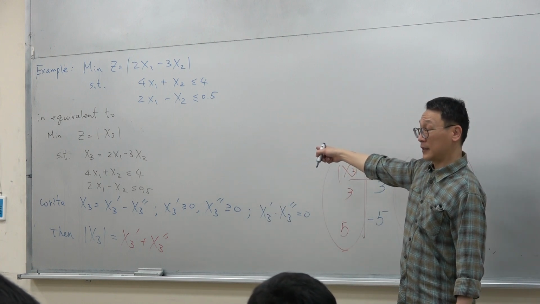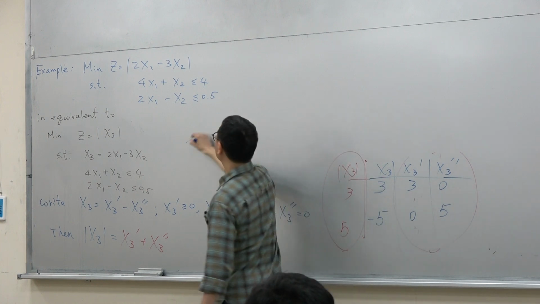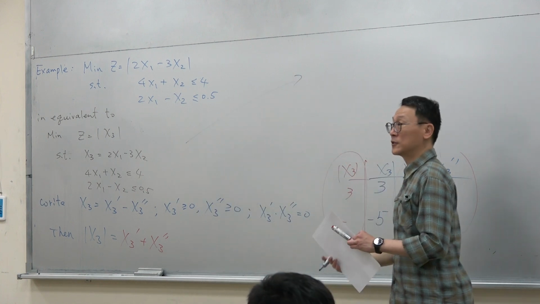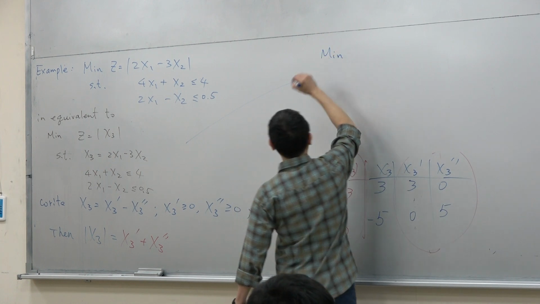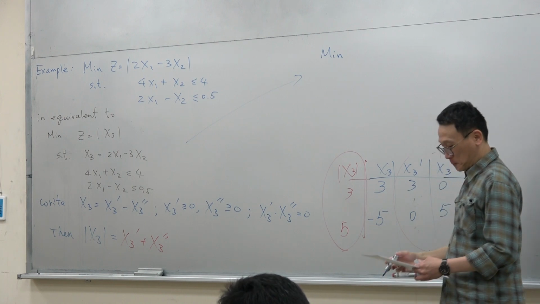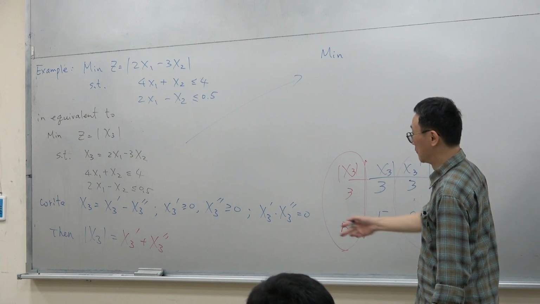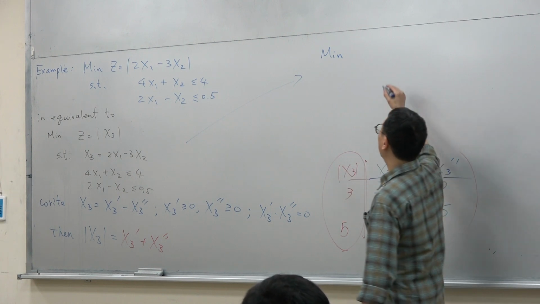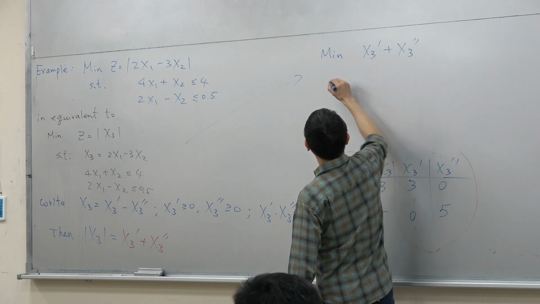Okay? So we already know this one is still a non-linear programming problem. So based on this relation, we can change this formulation to minimize x3 prime plus x3 double prime.